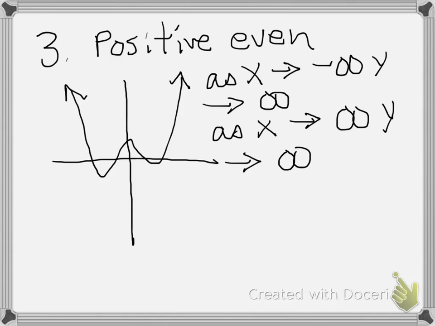So bottom line is they go the same direction, unlike an odd. So we know the end behavior of an even function is going to go in the same direction. So as soon as we see that it's an even function, we know what the end behavior does.